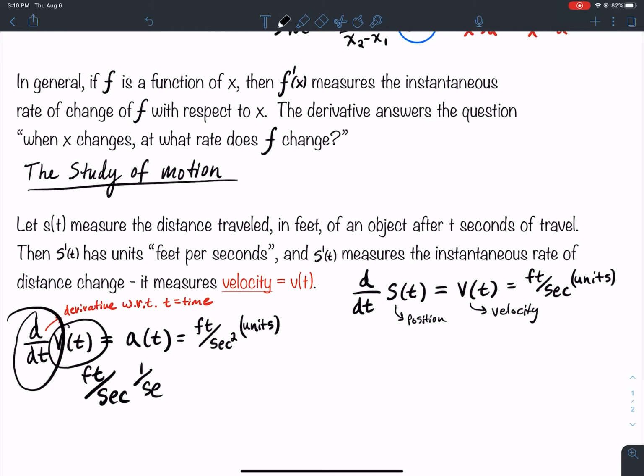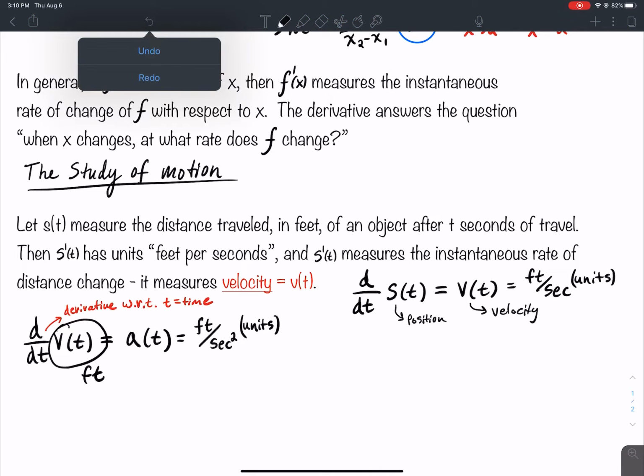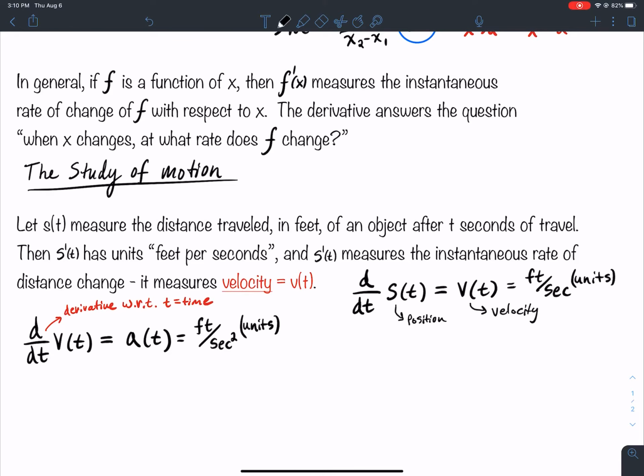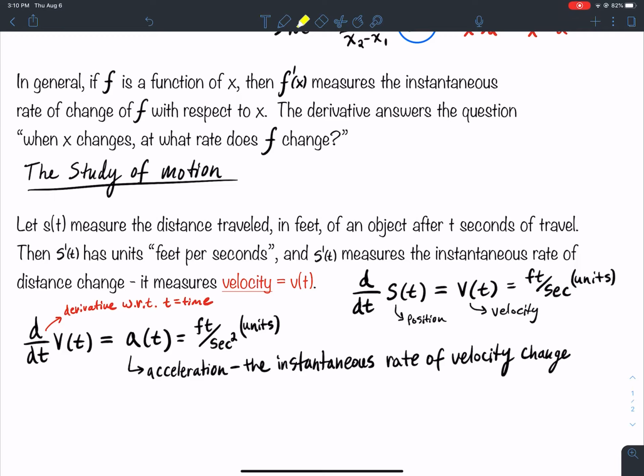So the units for acceleration reflect the change in velocity, the change in the change of position. That's my acceleration. The definition is the instantaneous rate of velocity change.